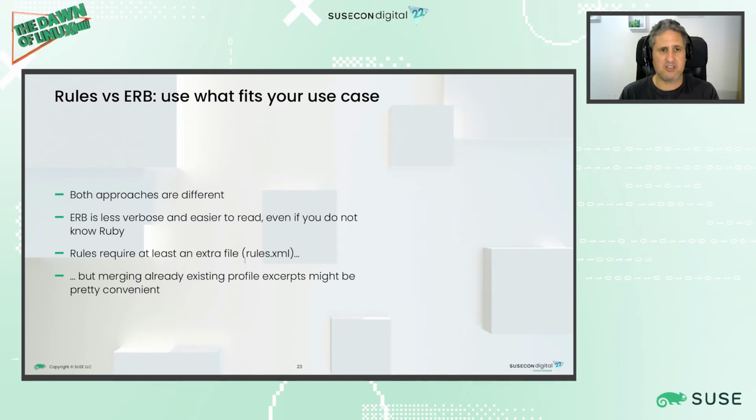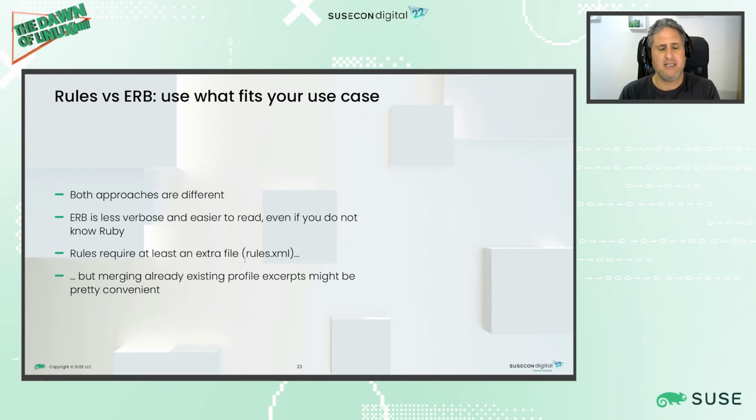Oh, and the question is rules or ERB? Well, it depends on the use case. Both approaches are different, although in the future, maybe ERB might be an alternative to rules and classes in many cases, or in all cases. But at this point, let's say that they are just different approaches.